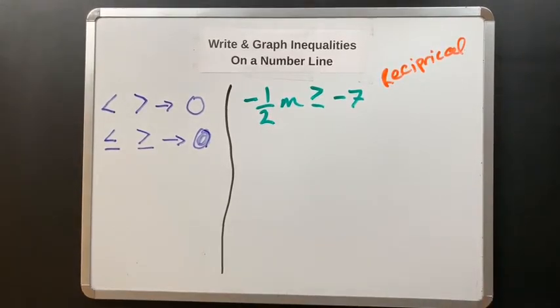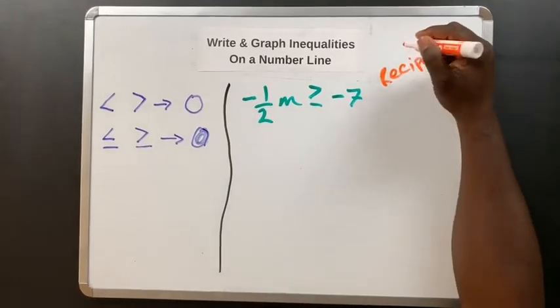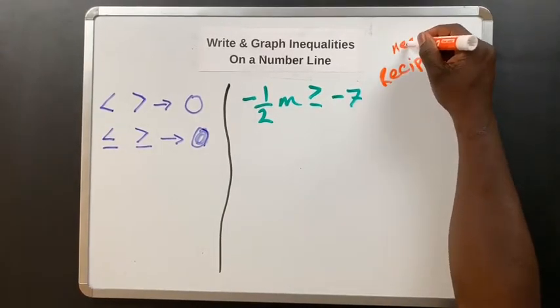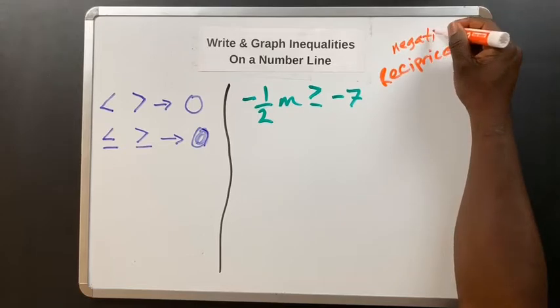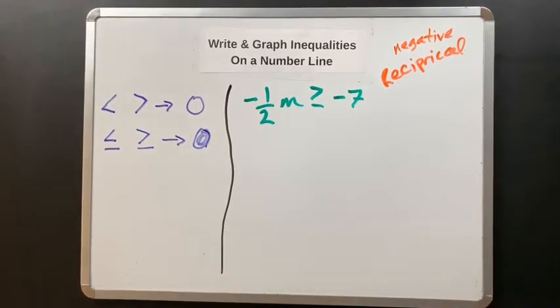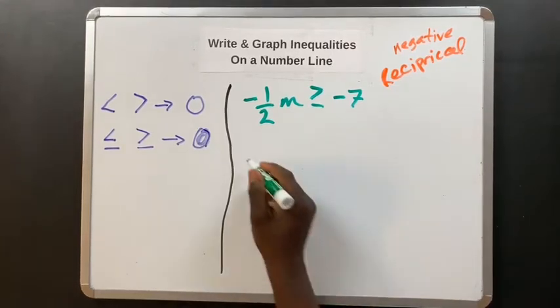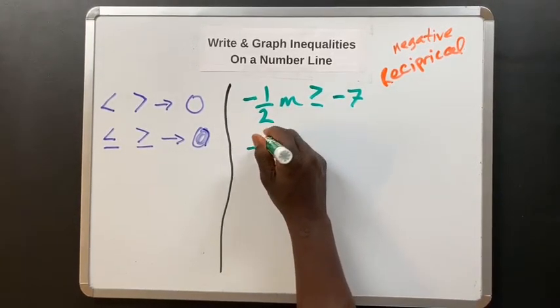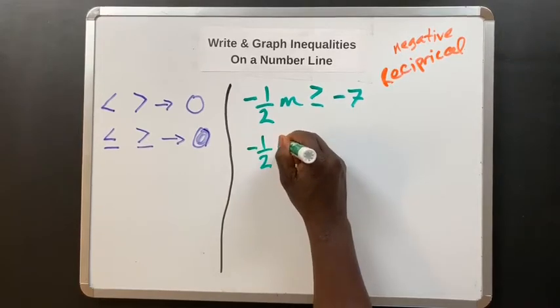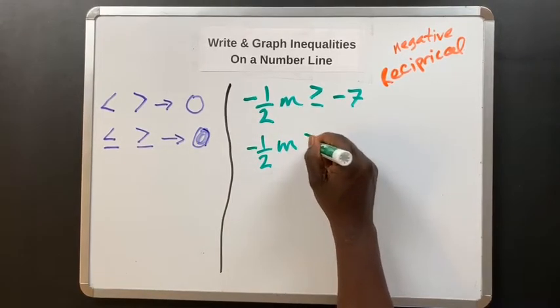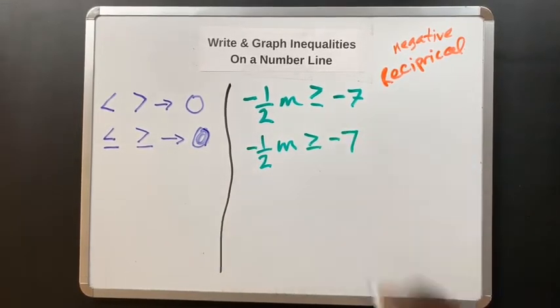So let's do that. But in this case, we're going to have to multiply it by the negative reciprocal in order to get m by itself, where the coefficient of m is a positive number. So let's copy this sentence again. Negative 1/2 times m greater than or equal to -7.